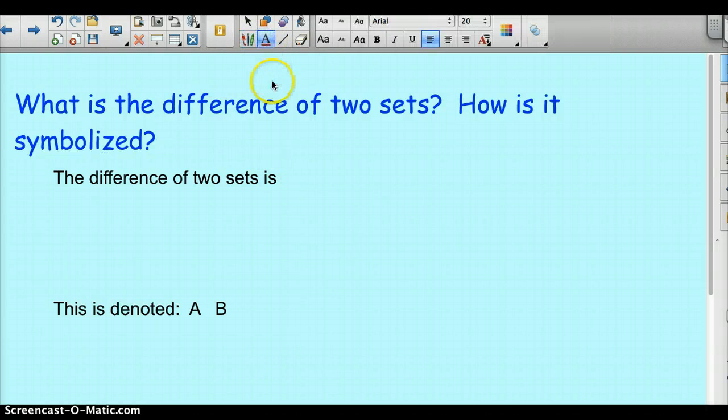Very, very important. Last thing we've got here, we've got to talk about the difference of two sets.